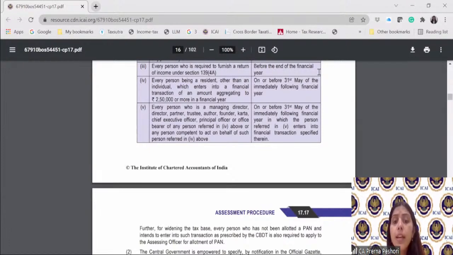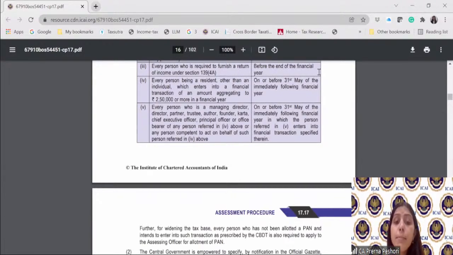If you are opening any account with a bank or a cooperative bank other than the savings account or the fixed deposit account, you are required to quote the PAN. For example, if you're opening a current account, you are required to quote the PAN there. If you are making the application for a credit or debit card, you are required to quote the PAN.